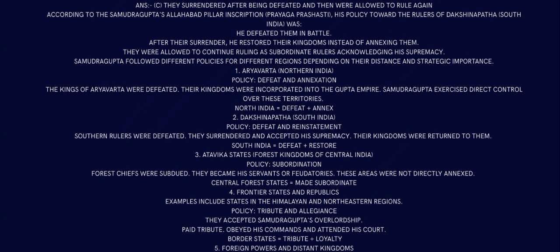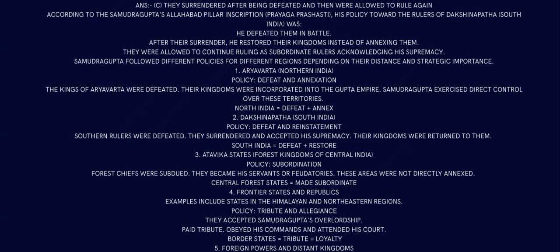Number two is Dakshinapatha, that is South India. The policy is defeat and reinstatement. Reinstatement meaning he put them back in that place. Southern rulers were defeated, they surrendered and accepted his supremacy, and their kingdoms were returned to them. South India is equal to what? Defeat plus restore. He restored them, but with himself as their superior leader.